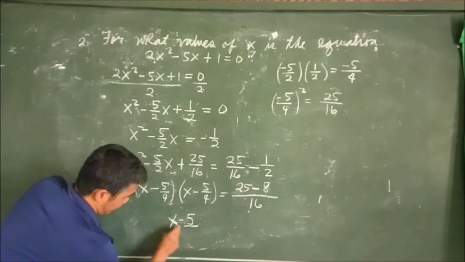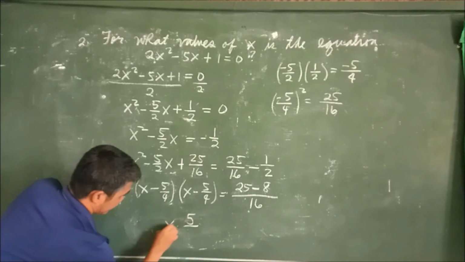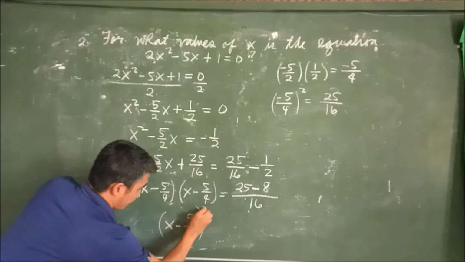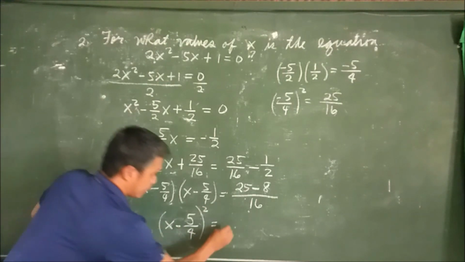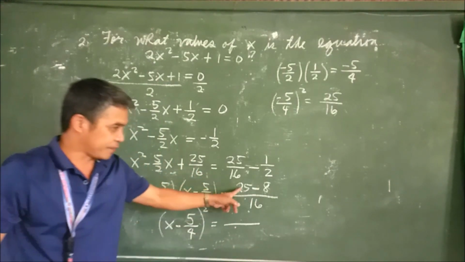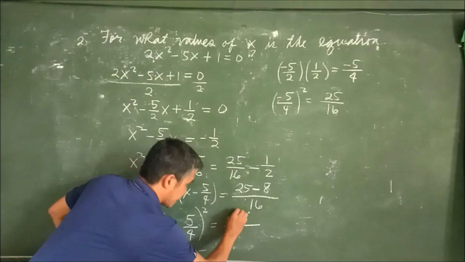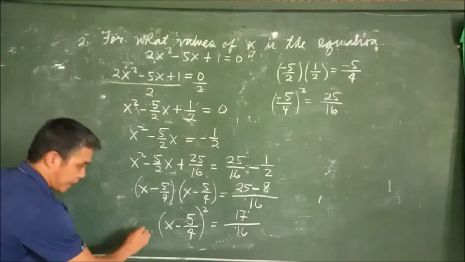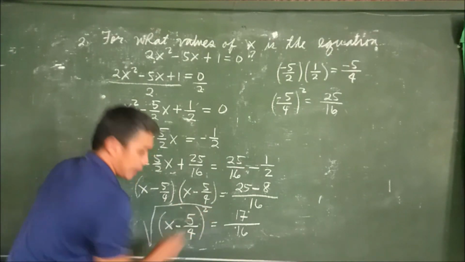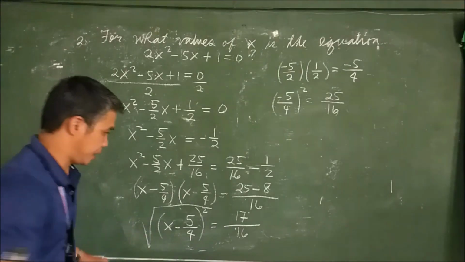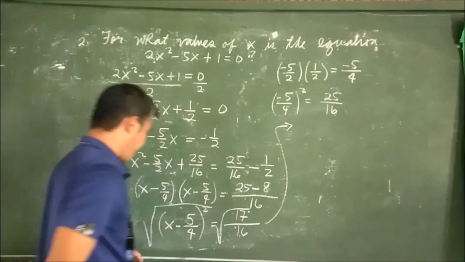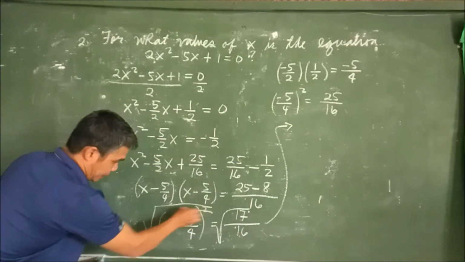X minus 5 over 4 squared is equals to 25 minus 8 equals 17 over 16. Then, ipapasok na natin siya sa radical sign or extract na natin. Okay. Ito, matatanggal yan.